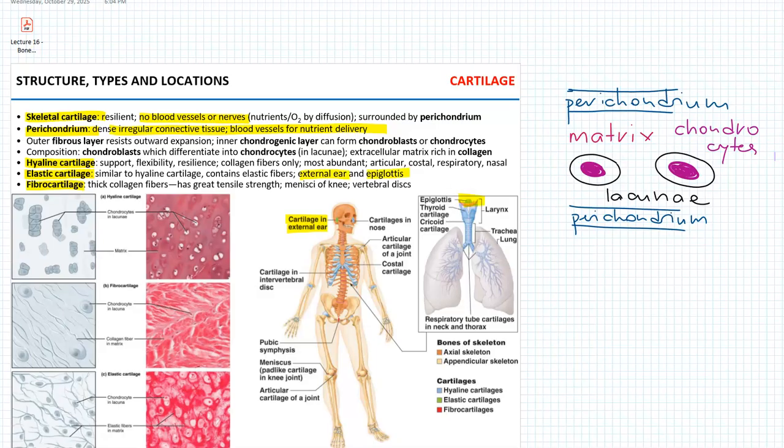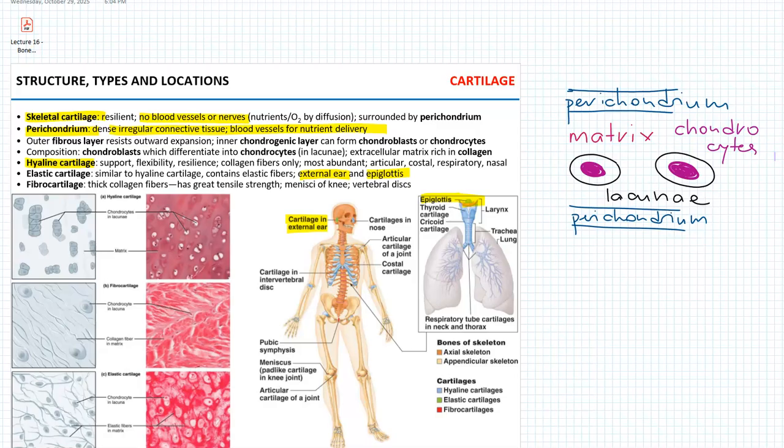Well, actually, it is highlighted right here. Okay, epiglottis. Then we have fibrocartilage. Fibrocartilage is found in the locations which experience severe compression forces. So it's going to be the pubic symphysis.